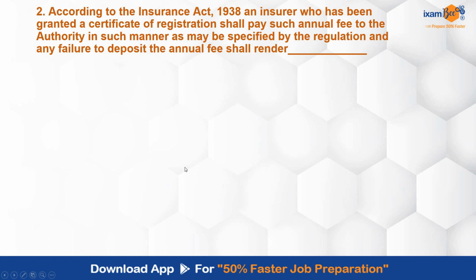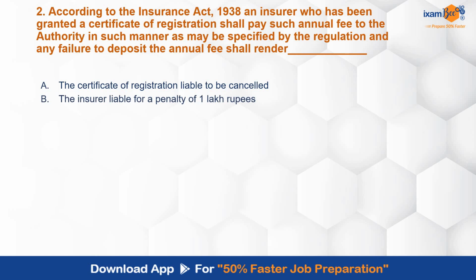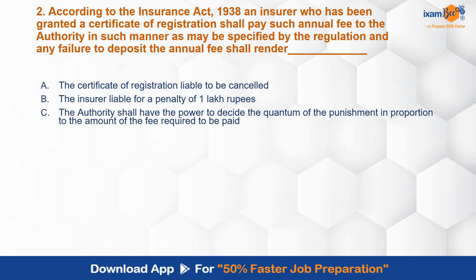According to Insurance Act 1938, an insurer who has been granted a certificate of registration shall pay such annual fee to the authority in such manner as may be specified by the regulation, and any failure to deposit the annual fee shall render the certificate of registration liable to be cancelled. Insurer liable for a penalty of 1 lakh rupees. Authority shall have power to decide the quantum of punishment in proportion to the amount of fee required to be paid.